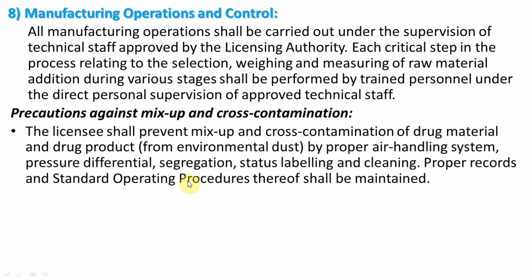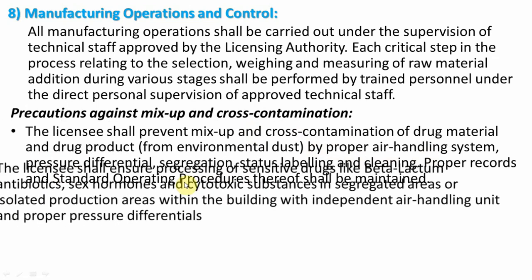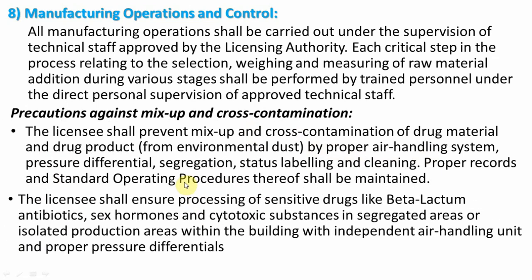Proper records and SOPs thereof shall be maintained. The licensee shall ensure processing of sensitive drugs like beta-lactam antibiotics, sex hormones, and cytotoxic substances in segregated areas or isolated production areas.